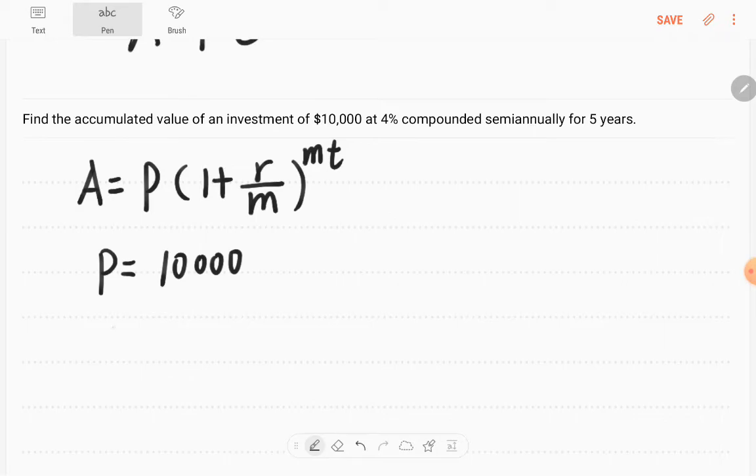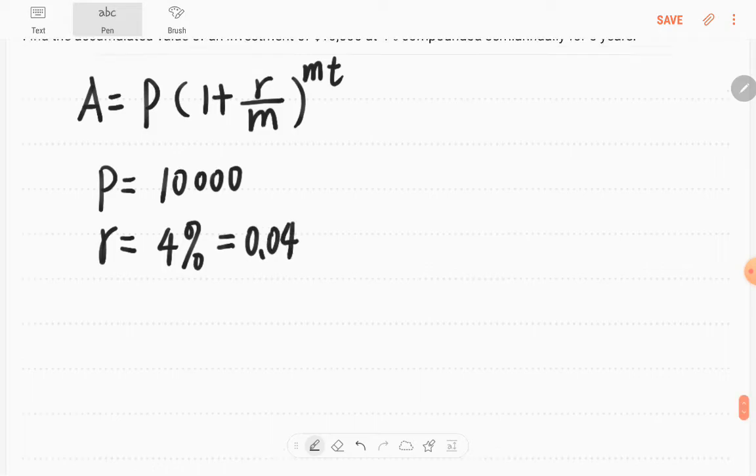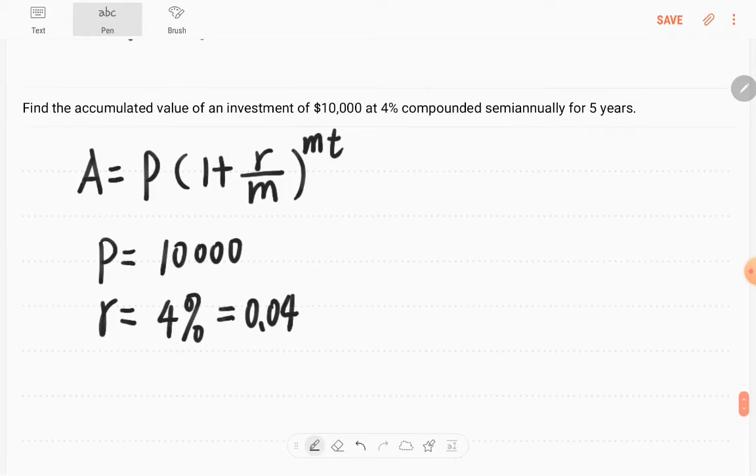And the rate r, the annual rate, which is 4%. 4% means we need to write as a decimal. It should be 0.04. And compounded semi-annually means m equals 2. And t, 5 for 5 years, so t equals 5. So we have everything, right?